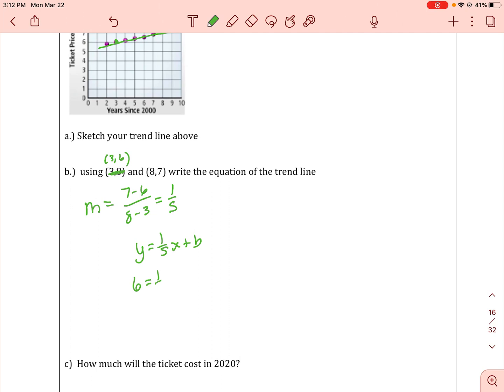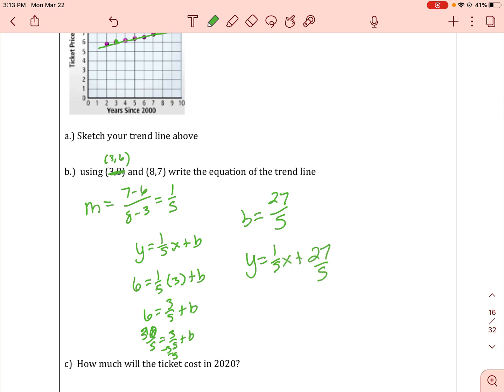So I'm going to pick the first point to substitute in for x and y. 6 is the same as 30 fifths. Subtract 3 fifths from each side. I get 27 fifths as my b. So my equation is y equals 1/5 x plus 27 fifths.